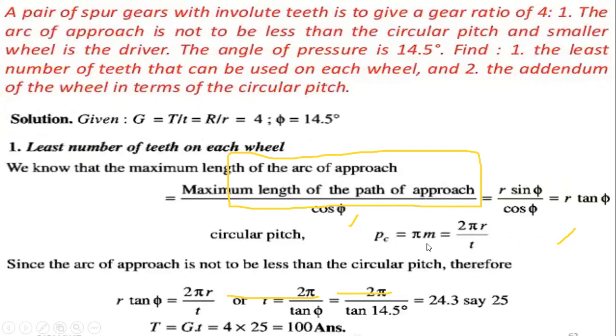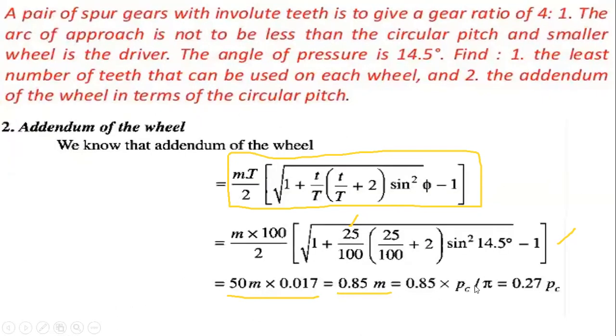So from this equation we substitute the value here, that is 0.85 into PC by pi. So in total we got the value as 0.27 PC, that is 0.27 PC.